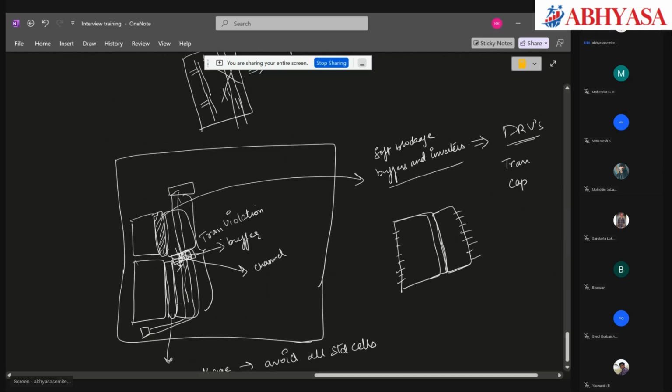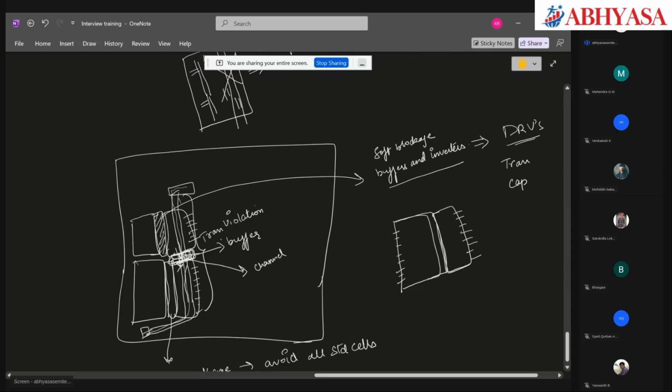Got it? Everyone able to understand? I don't have pins on this side. I only have pins on the right side for both the macros. So this does not have any pins, and this also does not have any pins. But some net is going over the macros to this standard cell. In order to buffer that net, we should have some space here.